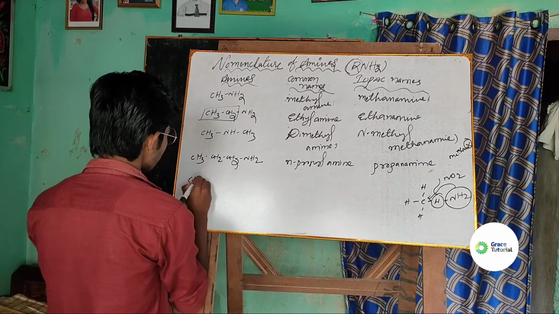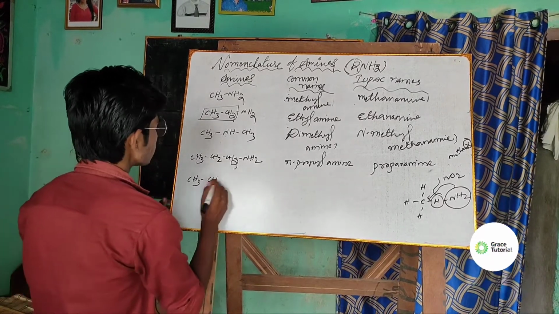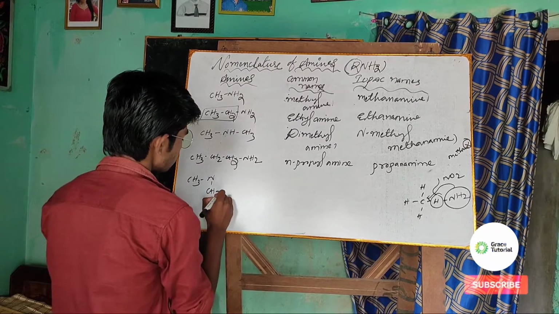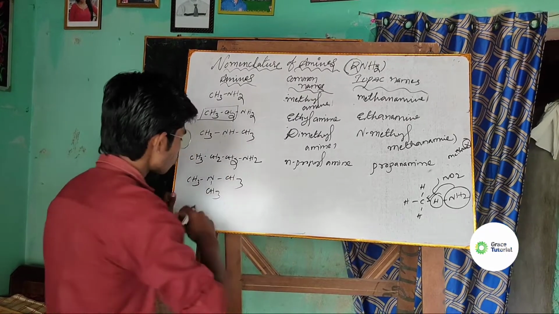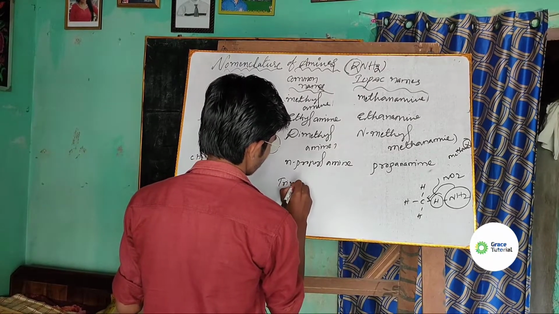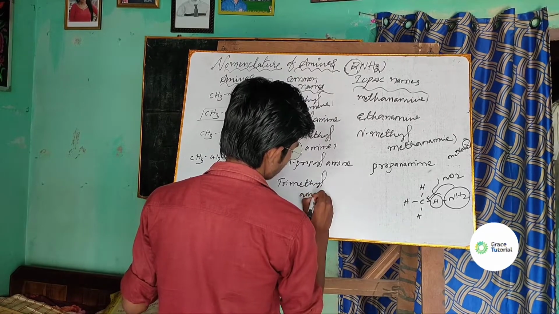Suppose I have CH3, CH3, CH3N. Here it is CH3 and here also it is CH3. So this is trimethylamine.